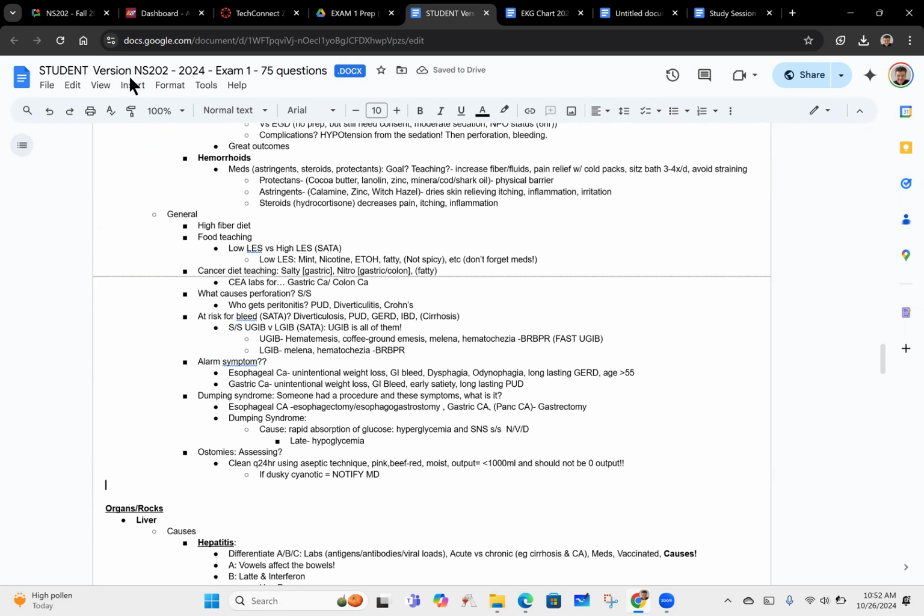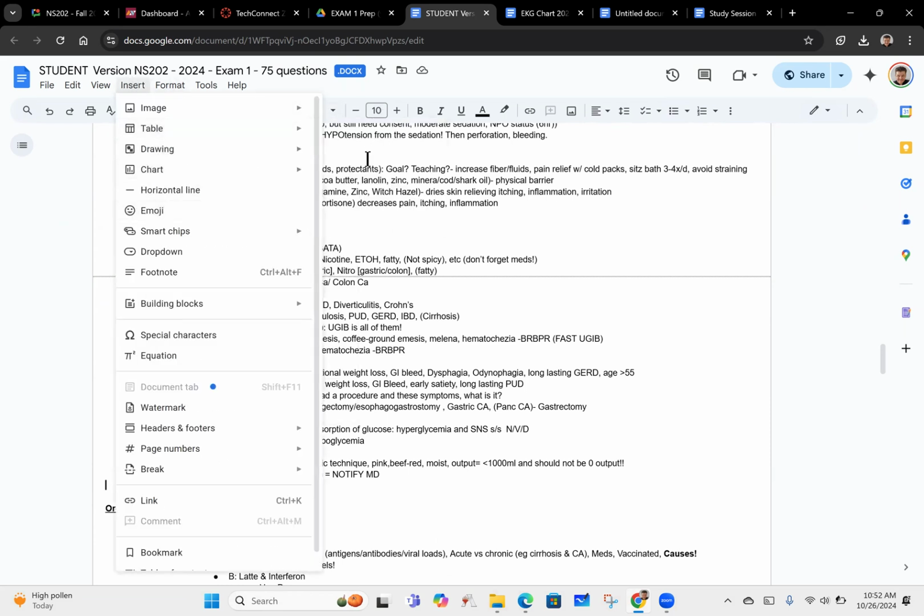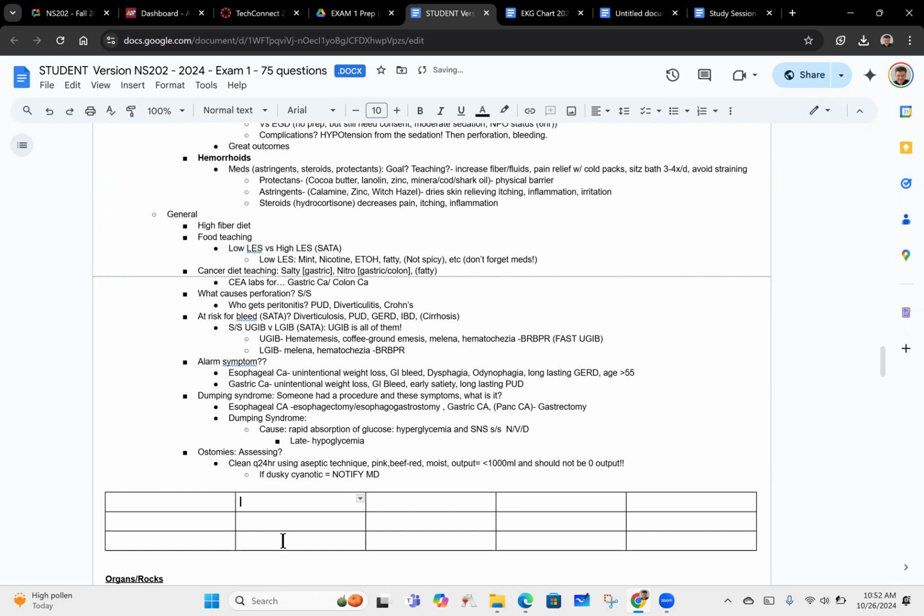So insert table. Let's make it 5 wide. Okay, so you say indications, you can say procedure, we say complications and interventions, right? And then what do I do for each, right?